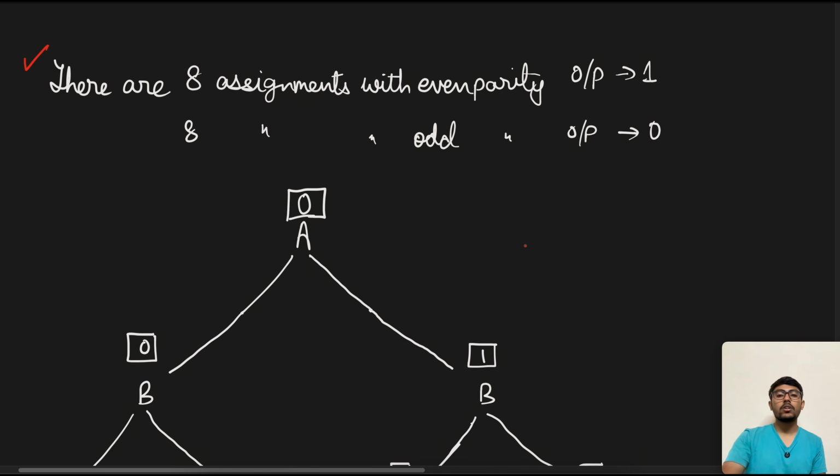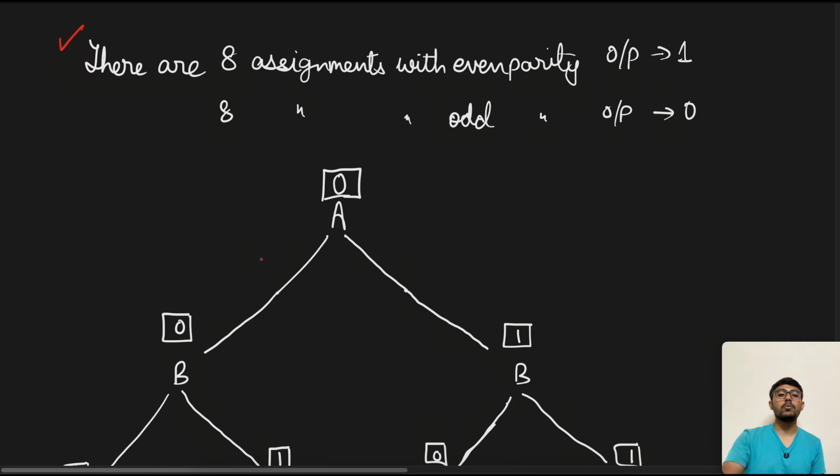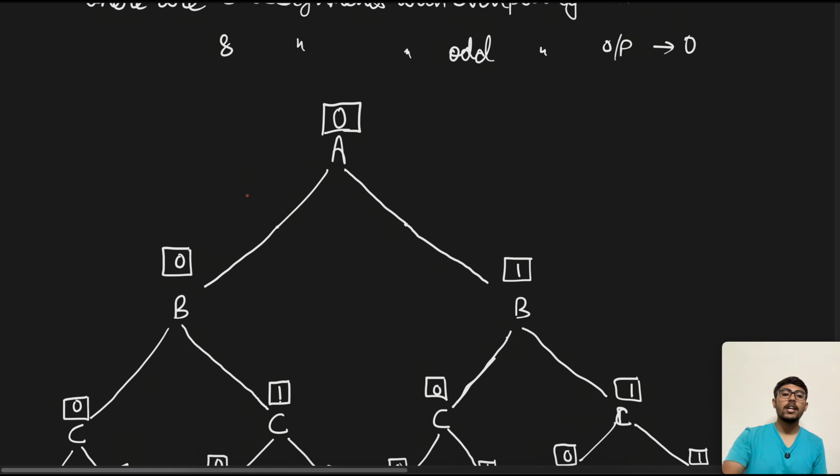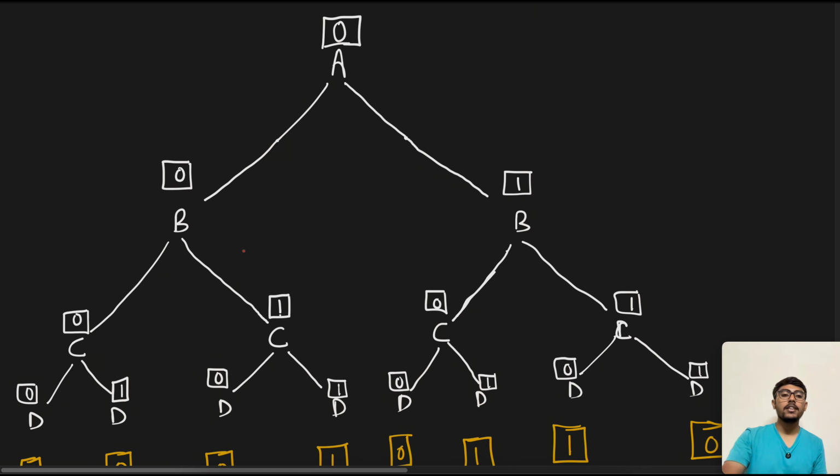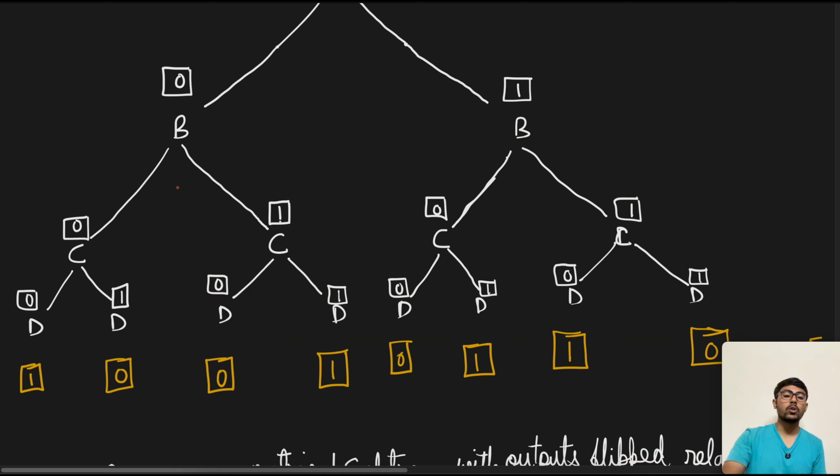So if we put this into a decision tree, how would that look? Taking A as 0, there would be another case as well, but let's continue with this one. If A is 0, then two cases may arise: either B is 0 or B is 1. If B is 0, then we have 2 more branches, C is 0 or C is 1, and likewise.